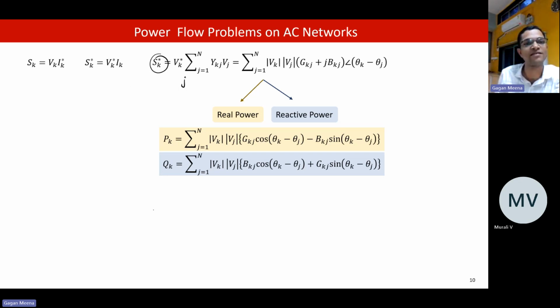A better way to write this is J belongs to a set omega K. So it is the set of lines which are connected between bus K and J. And J varies from 1 to the number of lines at that node, so this N is the number of lines at that node.